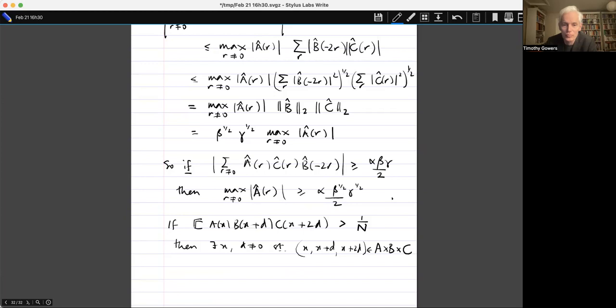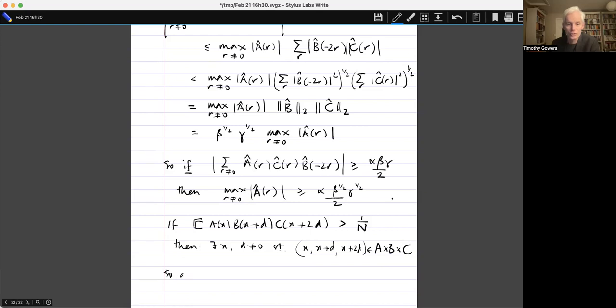And when we divide by n squared because we're averaging, then we get down to 1 over n. So the contribution from degenerate progressions of length 3 is at most 1 over n. So as long as you're bigger than 1 over n, there must be some non-degenerate ones.